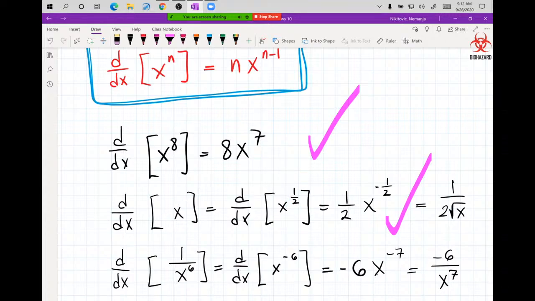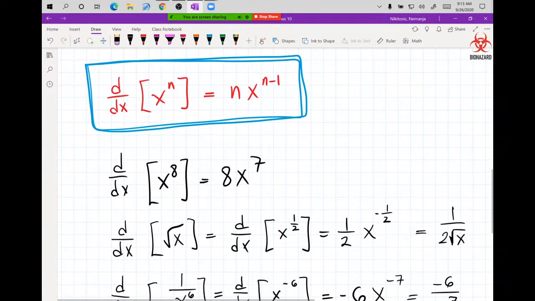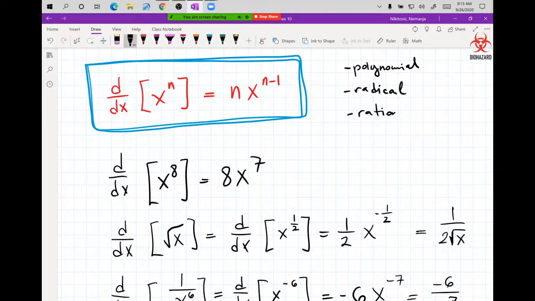So any root is taken care of by this formula, and then we also have rational functions, which is at the end. So 3 different types of functions are covered with this formula: polynomial, radical, rational. So learning this one rule knocks off 3 functions.